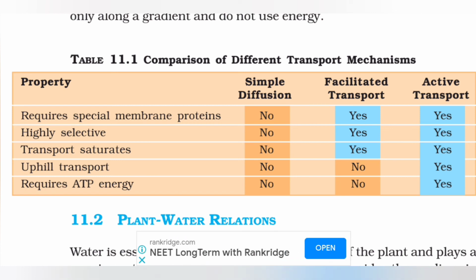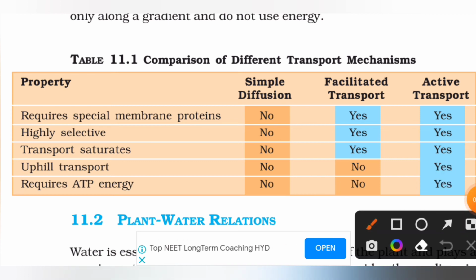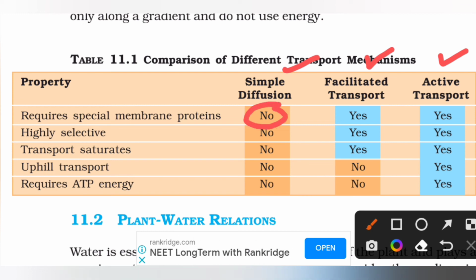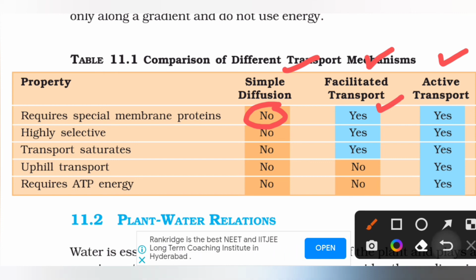In the case of transport, three types we have learned here: simple diffusion, next facilitated transport, and then active transport, right? In diffusion, no membrane proteins or carrier proteins are required, whereas in both facilitated and active transport we require a carrier protein. Next is highly selective.